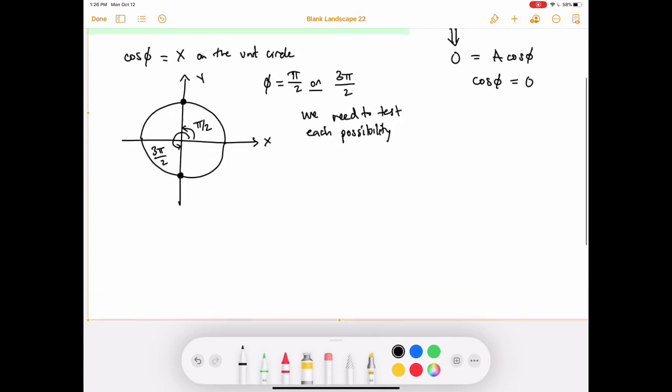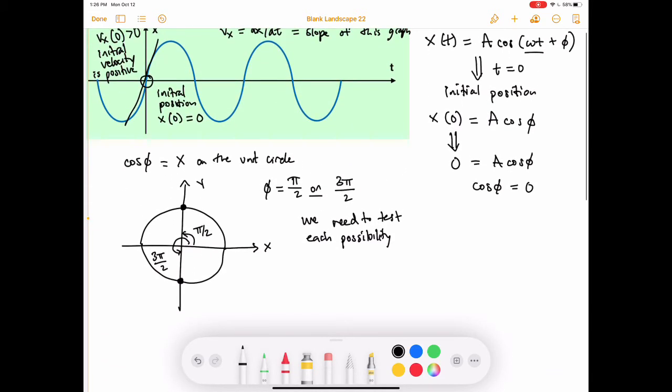Okay, so if x of t is equal to A cosine(omega t plus phi), then v as a function of time would be the derivative of x with respect to time. We take the derivative of cosine, we get minus sine, but then we need to take the derivative of what's inside the cosine function with respect to time.